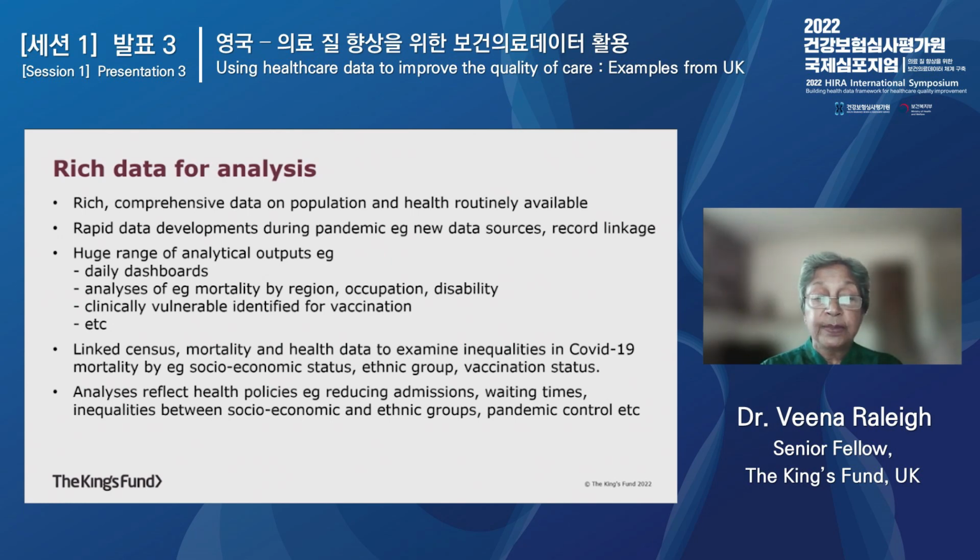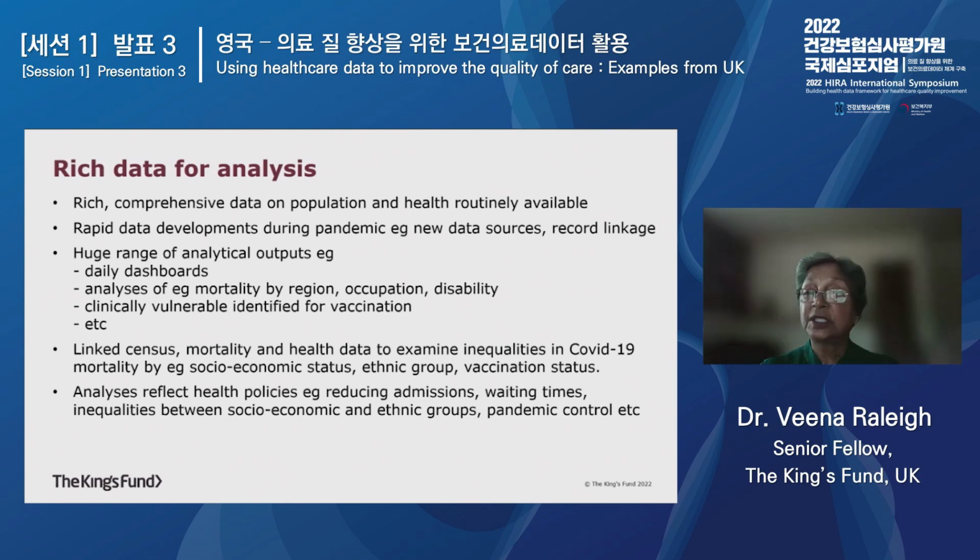We're also able to link records across mortality and health data to examine inequalities in COVID-19, for example. And that data can be linked also to the census, because from the census, we have more details about the population, like what their occupation is, what their household size is.